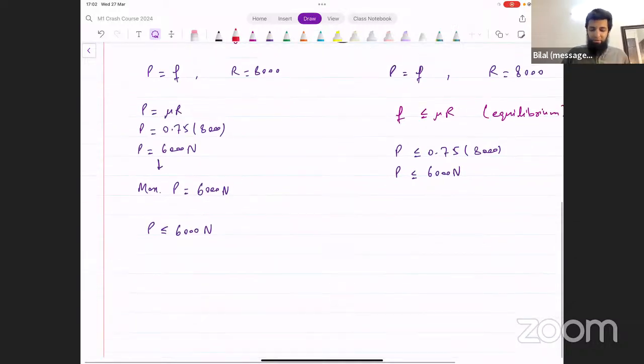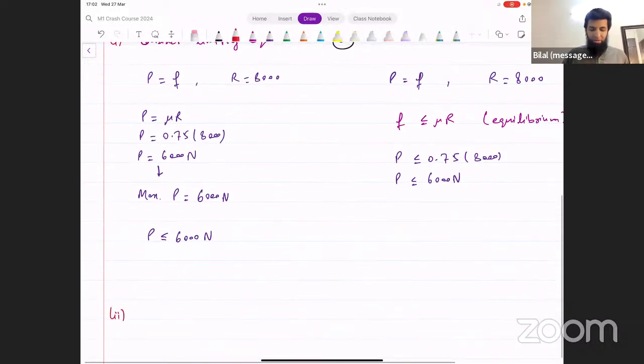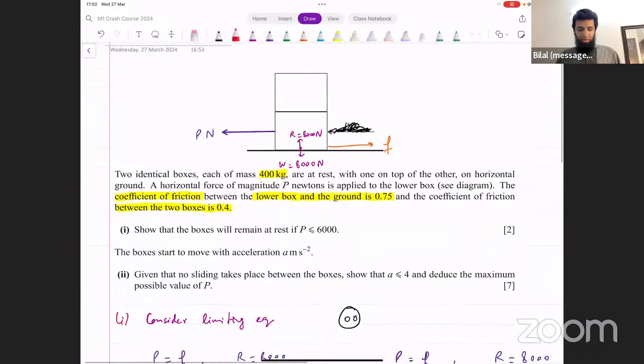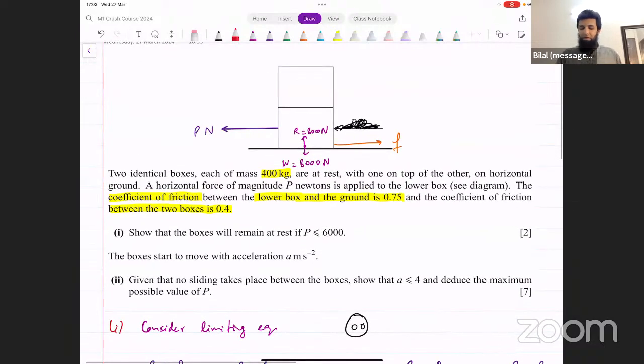Okay, now we're running out of time, so I'm going to be a bit quick about the second part now. Let's actually spend a few minutes on this to try to understand this better. So now it says in the second part, the boxes start to move with acceleration A. So now the boxes start to move towards the left side, right?